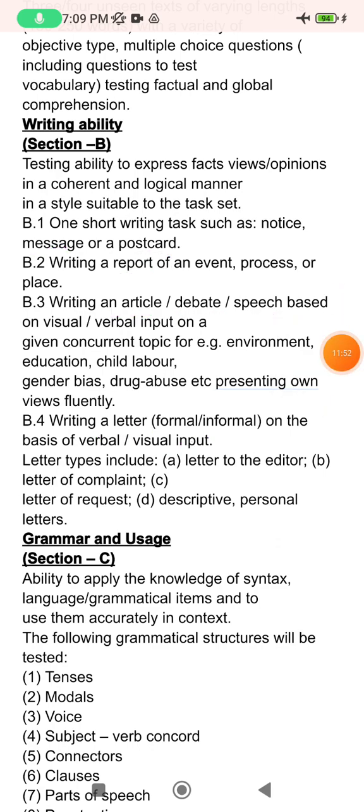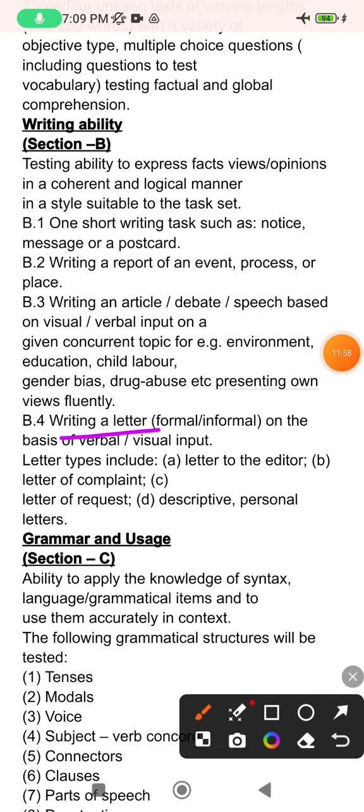See here, the questions generally come this way. First of all, think of a letter. The question would generally be about the different constituent parts of a letter. For a formal letter, how will you start, whether Dear Name, Dear Sir, Respected Ma'am, and how will you close your letter: Yours truly, Yours obediently, Yours sincerely, or only your name.